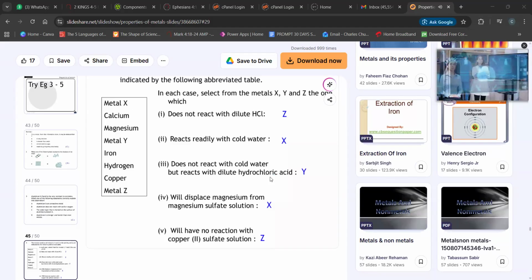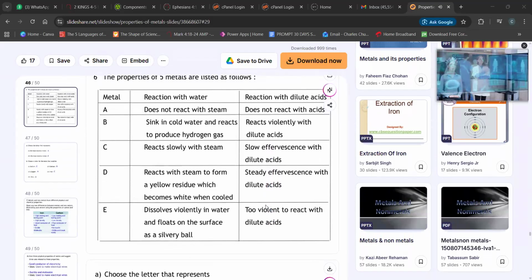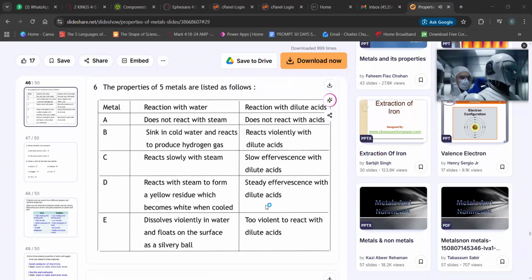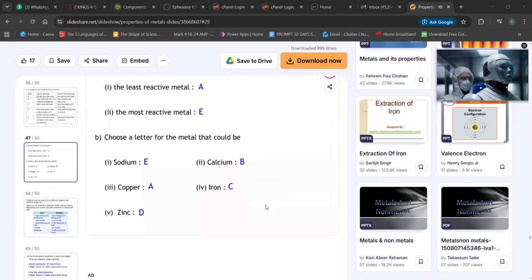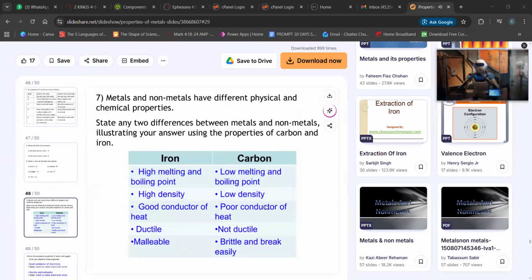Okay, all right. So these are just some basic concepts that we have. You can see this is basically a review of the ones that we've looked at. Physical properties of metals: high melting and boiling point.